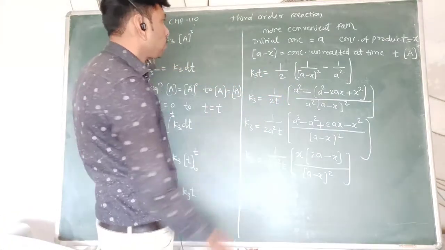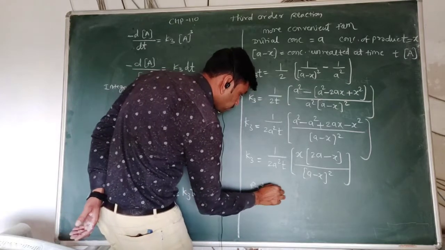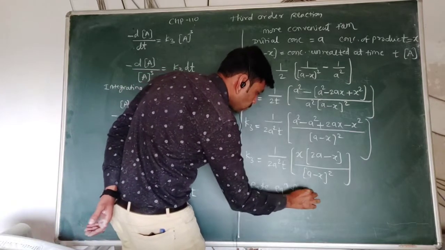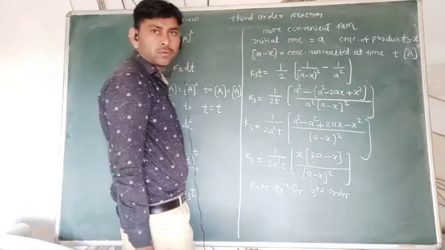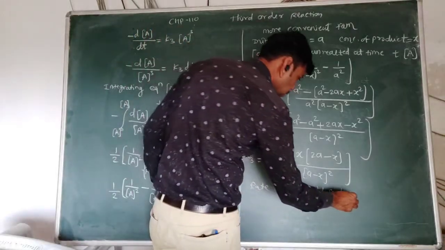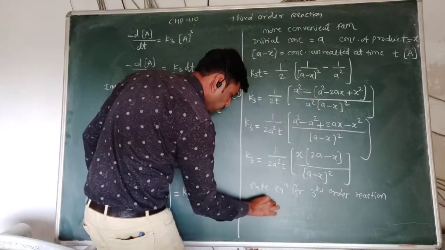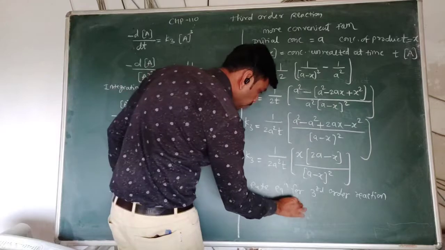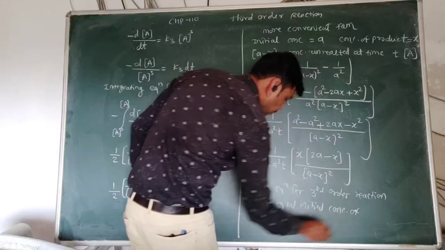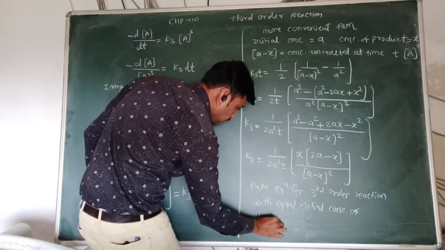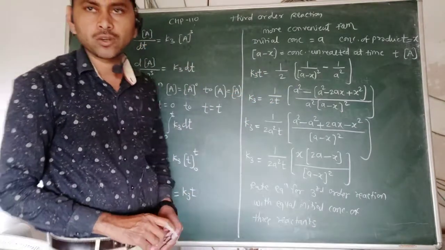So this is the equation we obtain, and this is the rate equation for a third order reaction with equal initial concentration of 3 reactants.